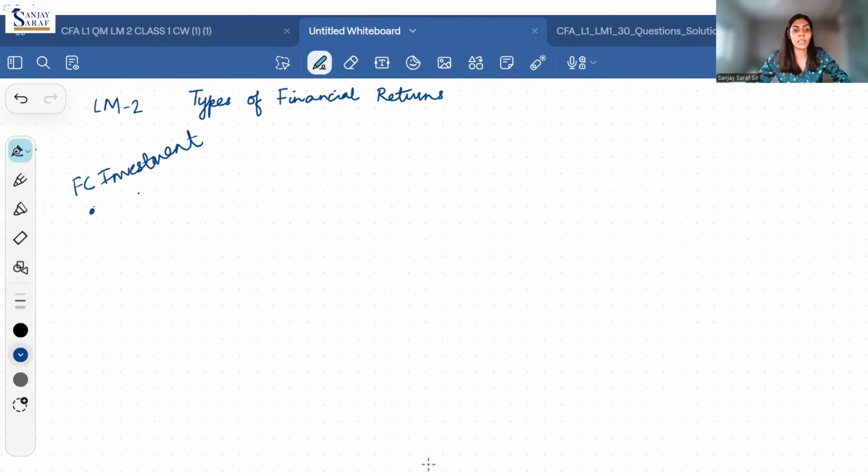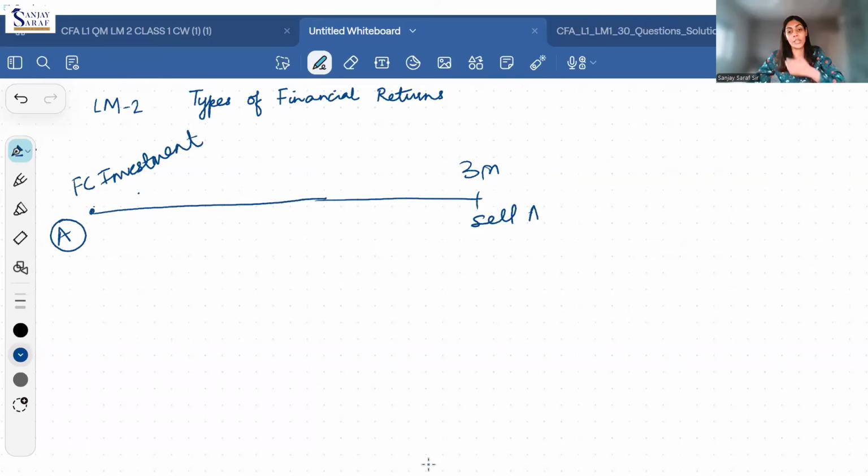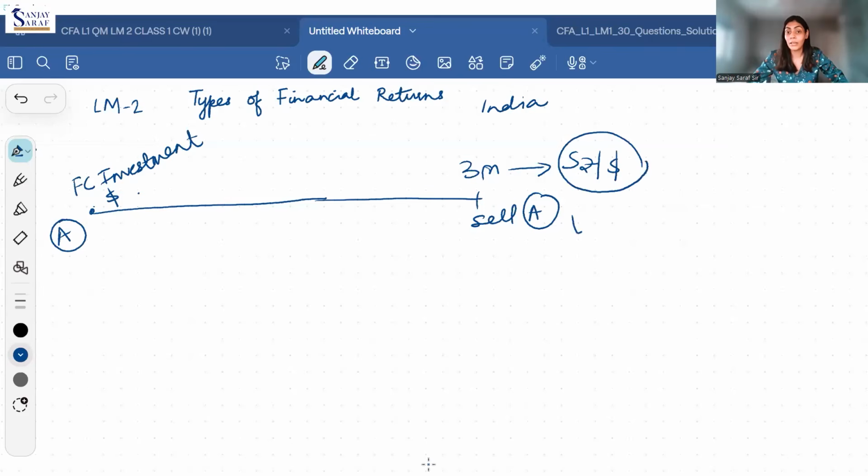Okay, I am not getting into numbers, and I know that after 3 months, I bought the shares of company A and after 3 months I am going to sell the shares of A. When I sell the shares of A, it will be at the currency spot rate of that time. Suppose I have invested in dollars and I am an investor in India. Whatever the rupee-dollar spot rate is after 3 months, this exposure will come into my return. Whatever return I generate is going to have an exposure to the spot rate after 3 months.